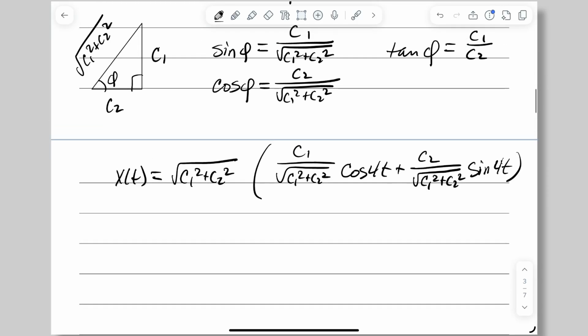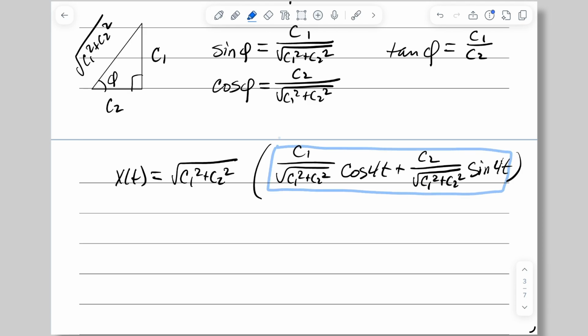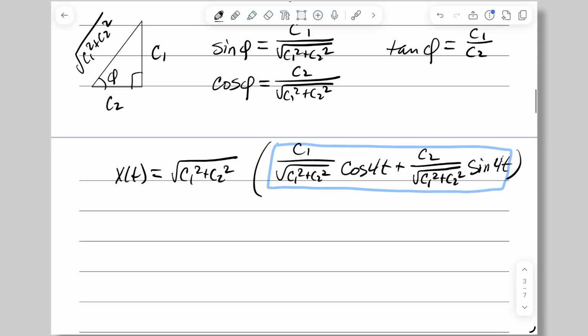What we have then is the form of, well, look, c1 over the square root, we said was the sine of phi. So I'm going to pull this out of the function, and we're just going to focus on the trig part. What we have is a form of the sine of phi times the cosine of 4t plus the cosine of phi times the sine of 4t.